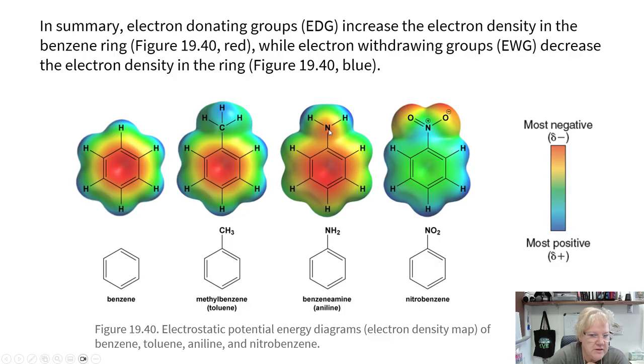But as soon as we put an amine on there, look, this red, this negative charge starts to bleed up into the nitrogen. Less electron density in the ring. And if we go all the way to the nitro group, which we've been talking about a lot, this should solidify it. Look, there's so much less negative charge sitting in this ring because it's been pulled up into this NO2 group, and here is our resonance.